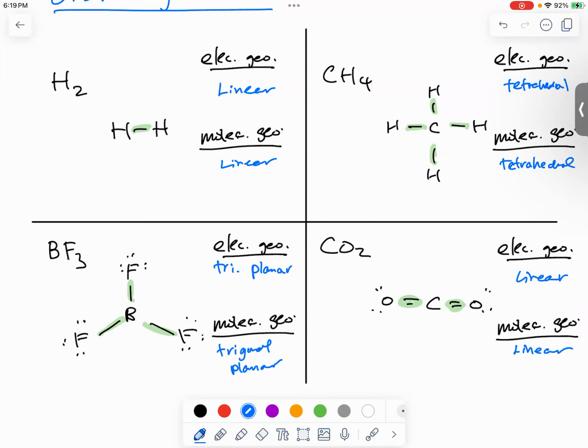Coincidentally, all 4 of these structures are nonpolar molecules, despite having either nonpolar or polar bonds, because all the dipole moments, or the arrows that you draw, would get canceled out perfectly.